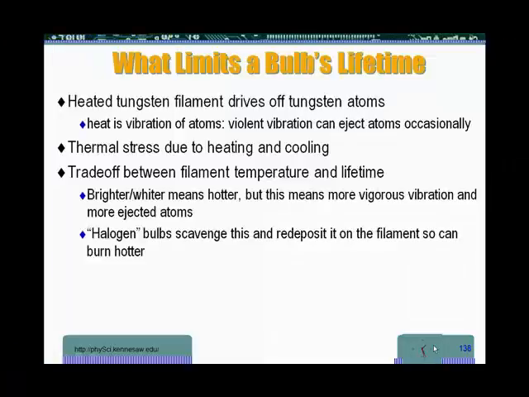One interesting thing about light bulbs is the fact that they burn. And the question is, why would they burn? One thing that's important is the makeup of the light bulb. We have a very thin, long piece of wire that we call the filament, made out of tungsten, that's going to get very, very hot.